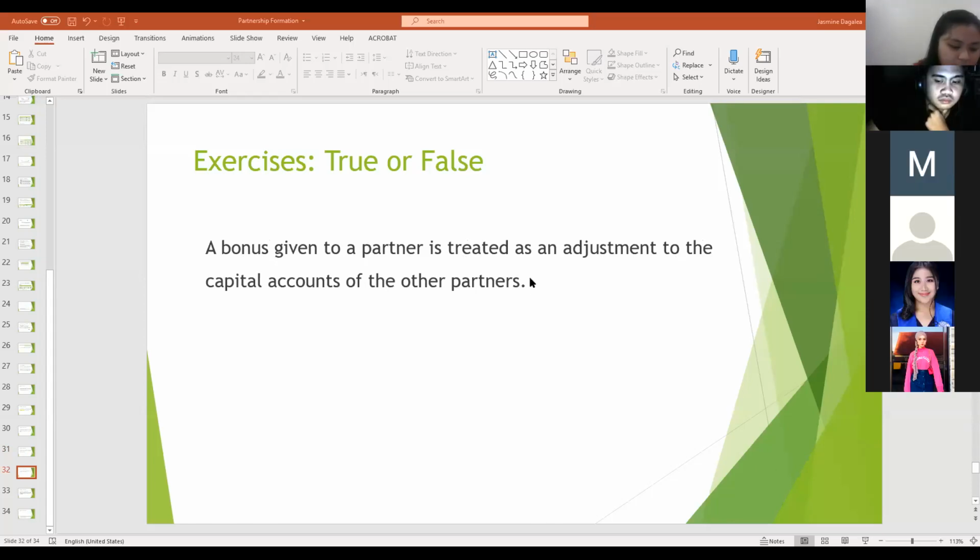False. True, ma'am. But, adjustment to the capital. Di ba true? Ito yung bonus method, di ba?